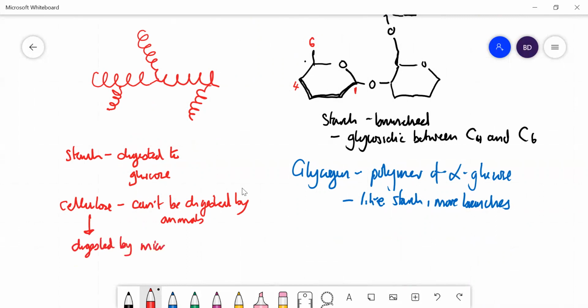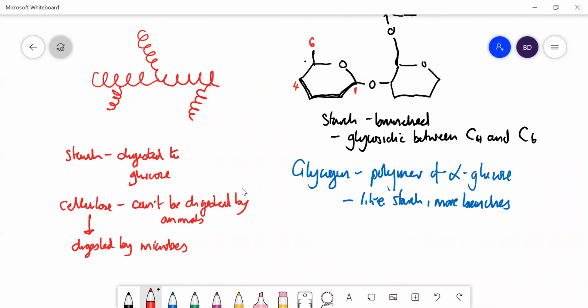In particular, herbivores like cows and sheep have these microbes in their guts, so the animal itself can't produce the enzyme. It's got these bacteria which form a symbiotic relationship with the animal, and they digest the cellulose into glucose, and the animal can then use the glucose.